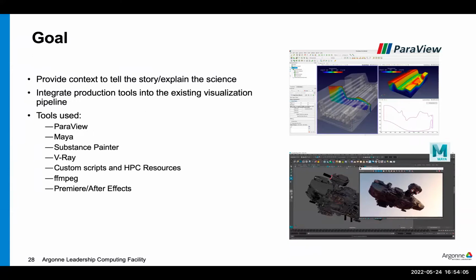And then combine that with Maya, which is a modeling and animation software that's widely used in the film industry, and then also V-Ray, which is a high-end renderer that can be used in combination with Maya.